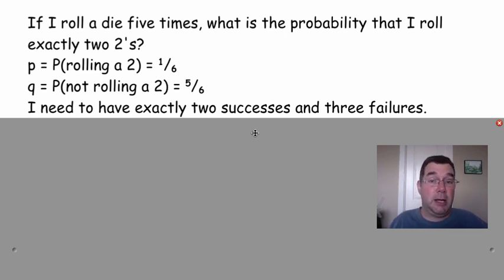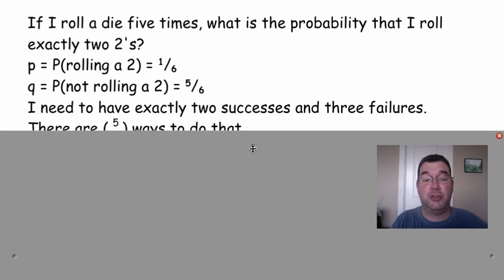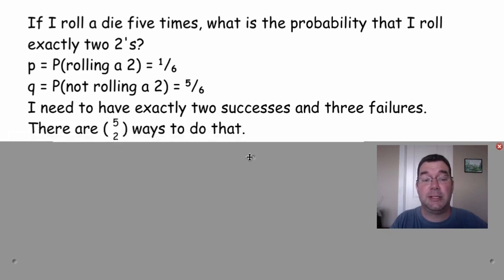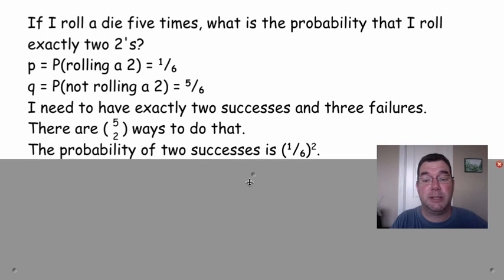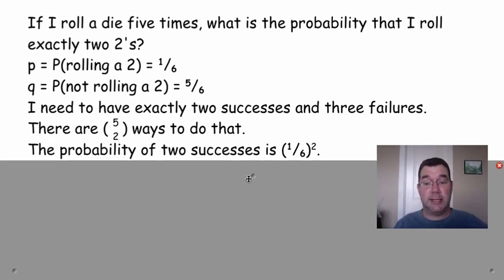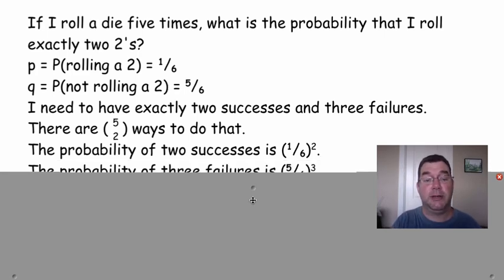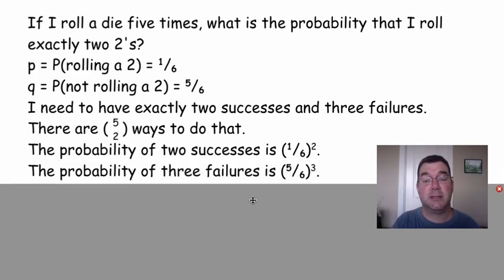So I need to go back to combinations to figure out how many ways I can arrange those 2 successes and those 3 failures. Well, if I have 5 trials and 2 of them have to be successes, then there are 5 choose 2 ways to do that. Now, the probability of being successful twice is 1/6 times 1/6, which is 1/6 squared. And then the probability of failing 3 times is 5/6 to the 3rd.